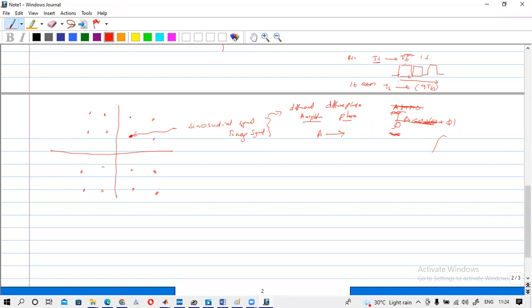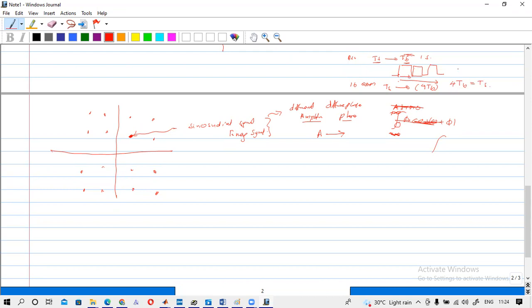Symbol duration is equal to the bit duration because in each symbol you have 1 bit, but here in one symbol you have 4 bits. So 4 bit durations will be equal to the 1 symbol duration.